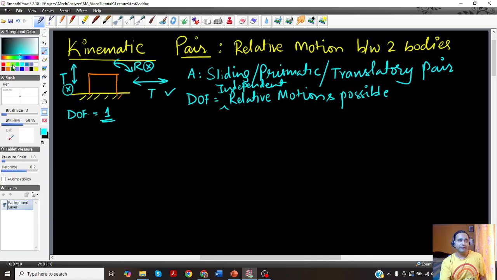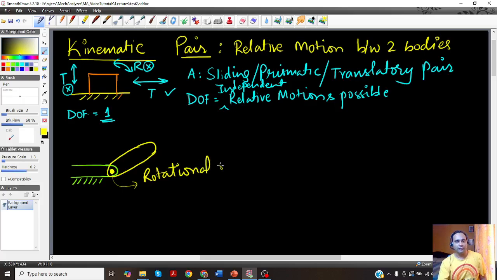Okay, now let's look at another common form. Let's say I have a rigid body like this and I attach a revolute joint. Okay, a revolute joint. So this is a rotational or revolute joint. Now what kind of motion is possible?